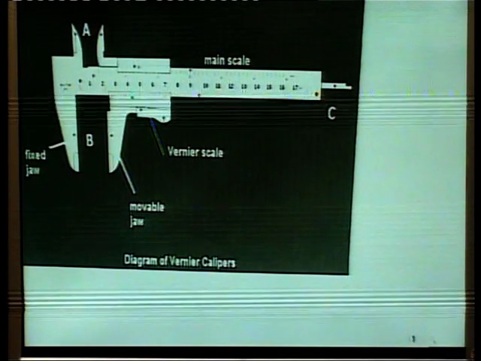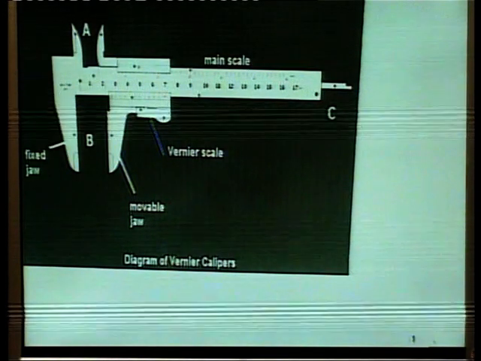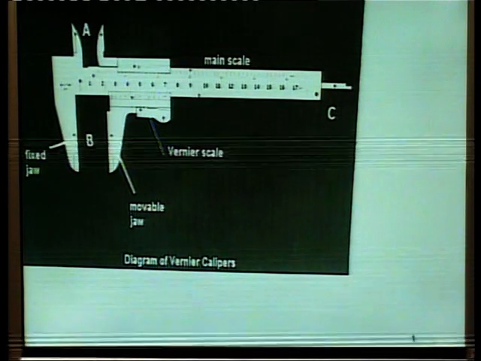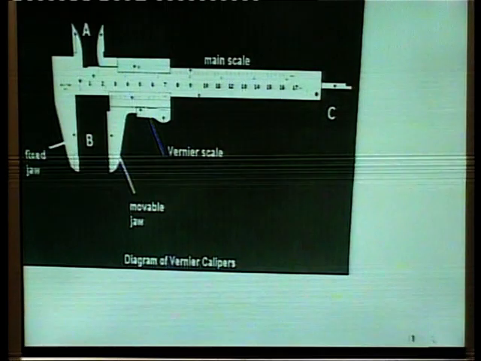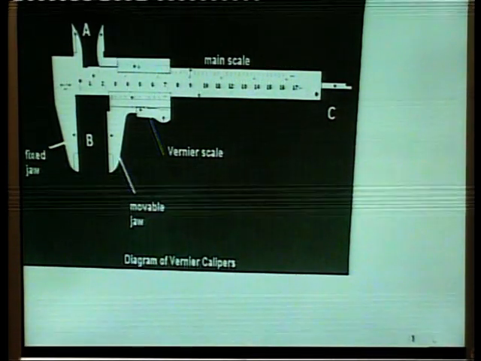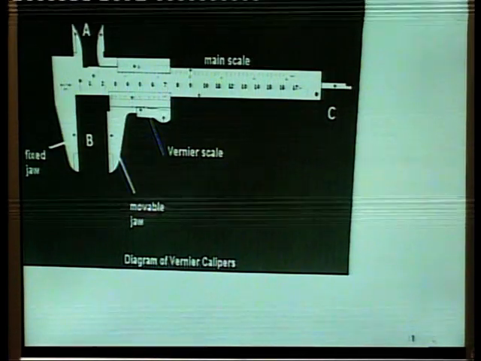So if we talk about the introduction to the least count of the vernier caliper, to understand the least count of vernier caliper, we must first get the idea of the structure of the vernier calipers.